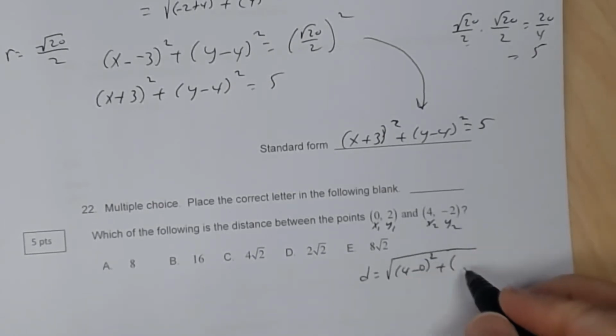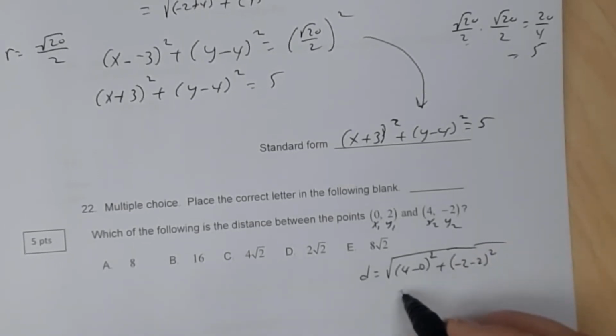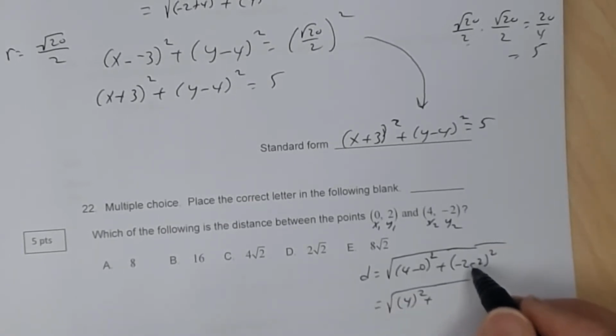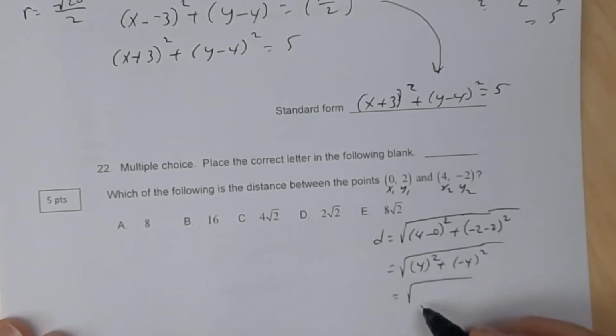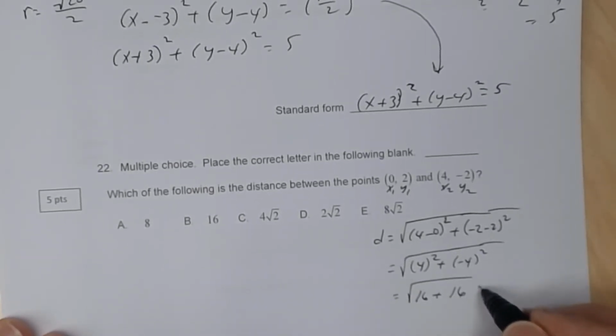Negative 2 minus 2 squared. So 4 minus 0 is 4, so we get the square root of 4 squared, plus, now be careful, that's not 0 right here. A negative 2 and a negative 2 is a negative 4 squared. So it becomes 4 squared is 16, plus a negative 4 times itself is also 16.